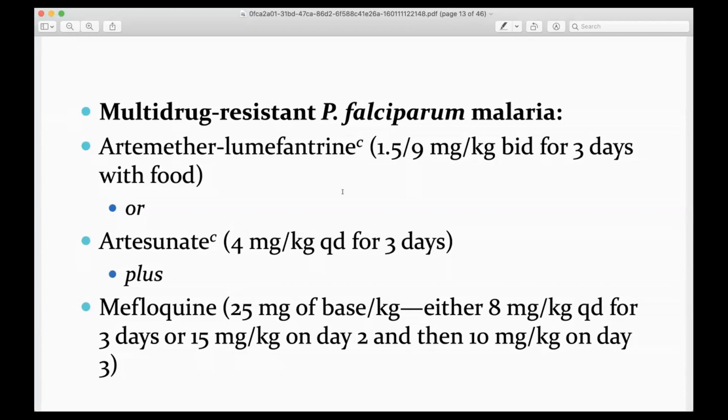Artemether is 1.5 milligram per kg, and lumefantrine is 9 milligram per kg. The BID dose for 3 days with food.